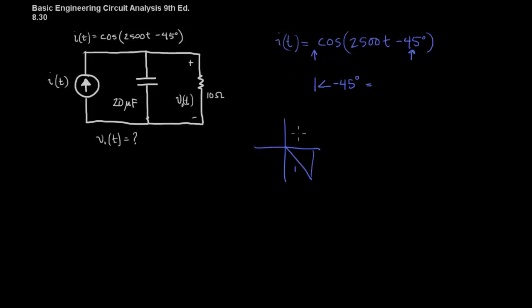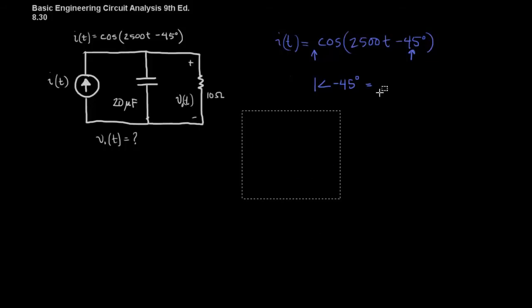So that means then that our real component is the square root of 2 over 2, and our imaginary component is negative the square root of 2 over 2. Okay, and that's going to be useful for my approach to this problem in just a moment. So square root of 2 over 2 minus the square root of 2 over 2 j.